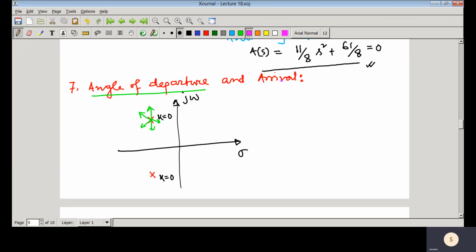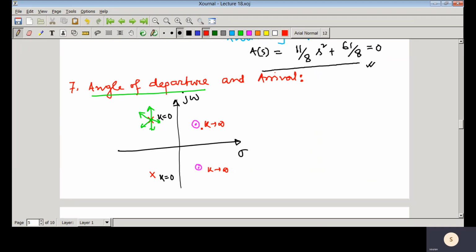And the same thing happens whenever we have, suppose, two complex conjugate zeros. Whenever k tends to infinity, we know that the root locus reaches the open loop zero.